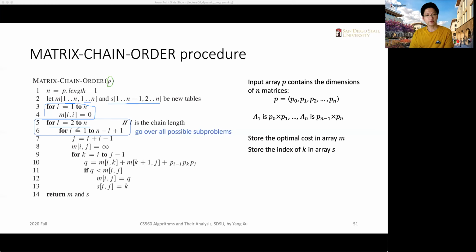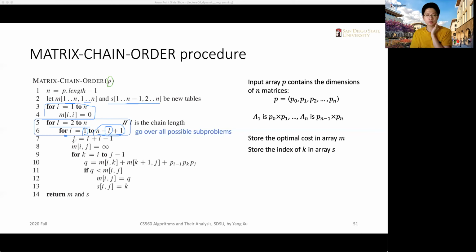And the second for loop is for iterating over the range of the left index. It must be from 1 to n minus L plus 1, because that is the range of the left index. We already saw in the previous slide that the left range will be determined by the size L, right? So if L is 2, then this quantity is n minus 1, right? If L is 3, then this quantity is n minus 2.